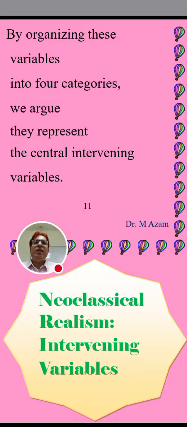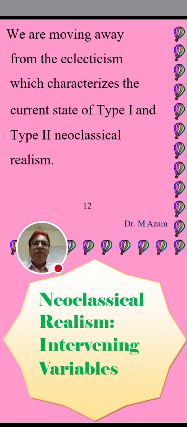By organizing these variables into four categories, we argue they represent the central intervening variables. We are moving away from the eclecticism which characterizes the current state of type 1 and type 2 neoclassical realism.